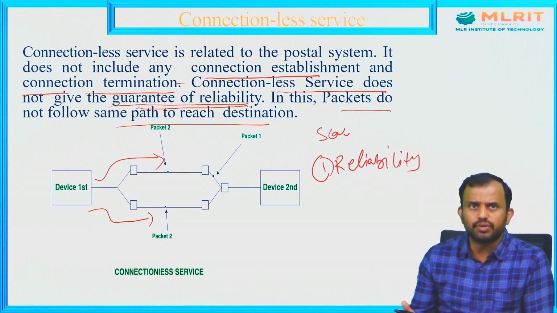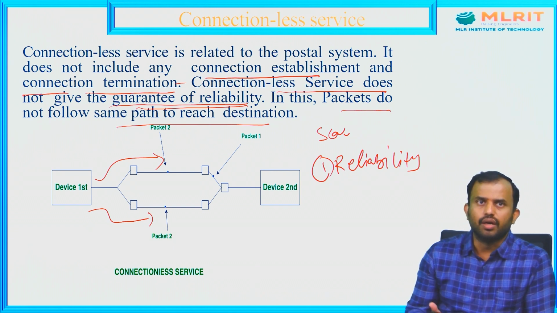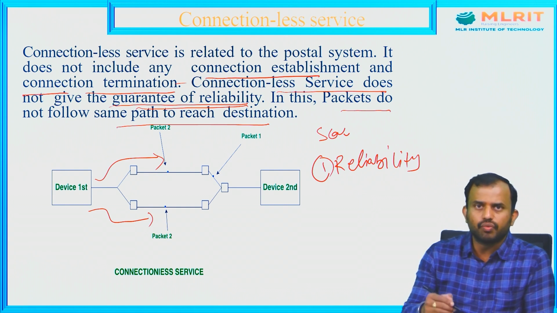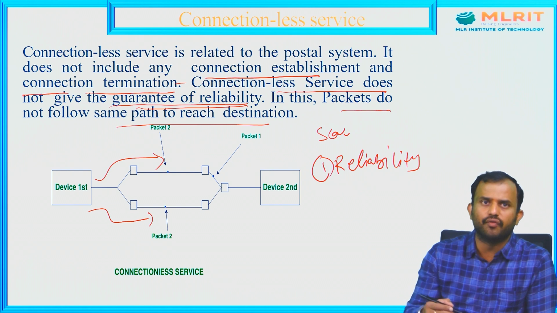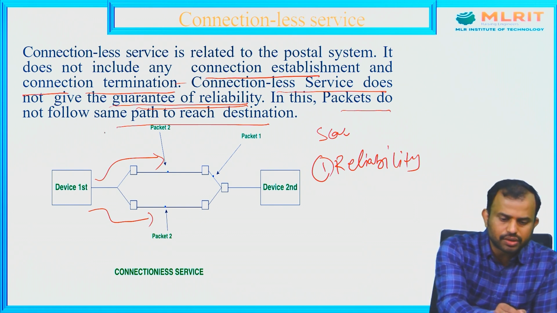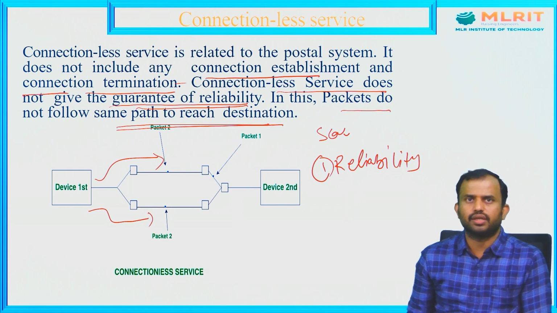It may be transmitted directly to Delhi, or it may be routed through Bangalore and Karnataka services. All the time it won't follow the same specific path to the destination. Depending upon the availability of paths and the routing mechanism, it will choose its own path for each and every packet transmission. That is the reason we say it does not follow the same path to reach the destination.